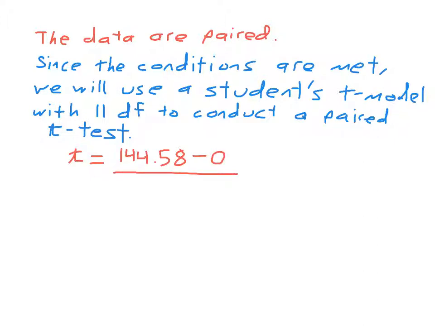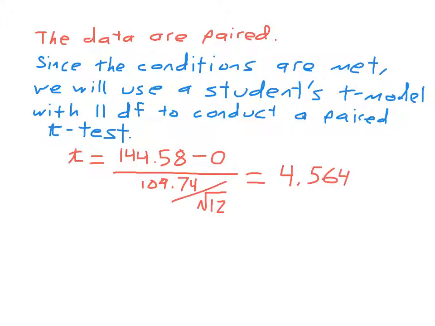And we're going to divide that by the standard deviation of the differences, divided by radical n, so radical 12. So that equals 4.564.